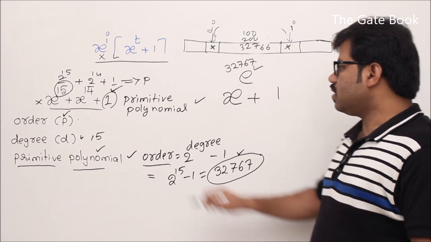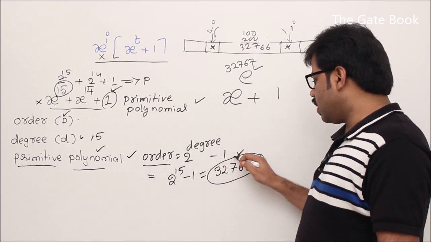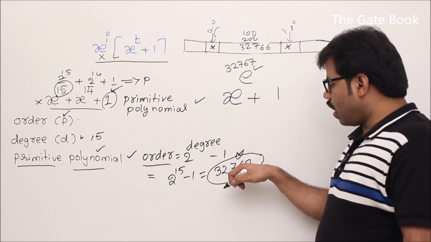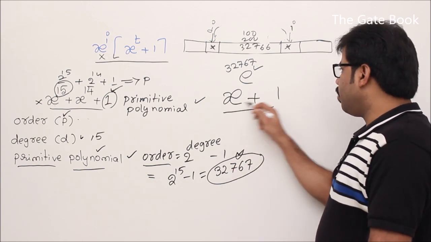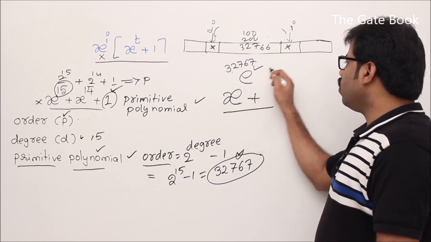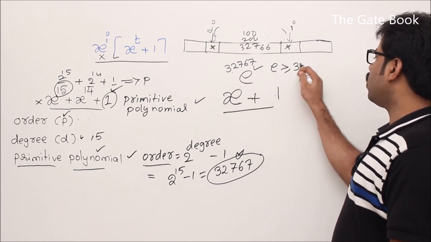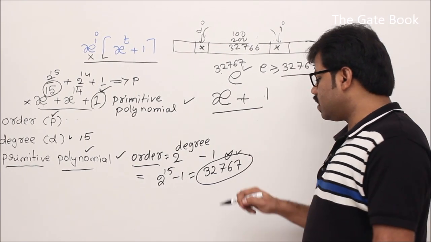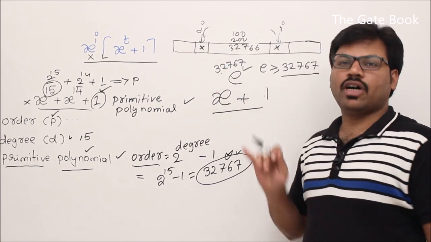That means, since this primitive polynomial's order is 32,767, it is going to divide x power e plus 1 only if e is greater than or equal to 32,767, so 32,767 is the smallest e possible.